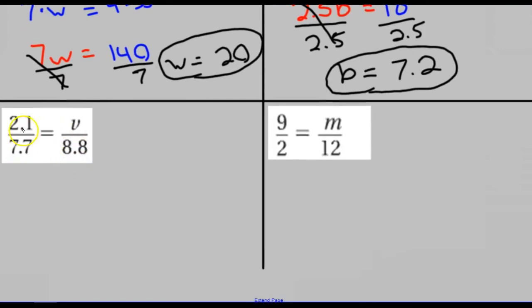Down here we're going to do the same thing. 2.1 times 8.8 and 7.7 times v.